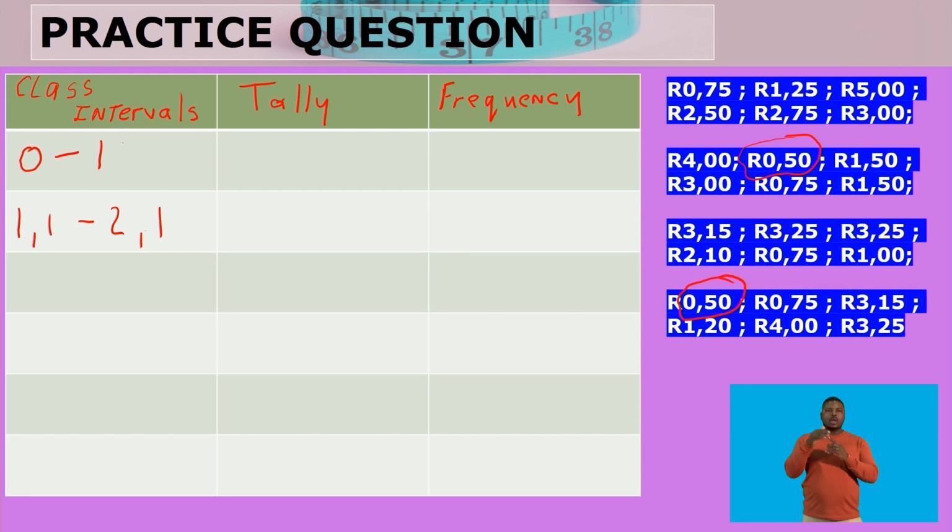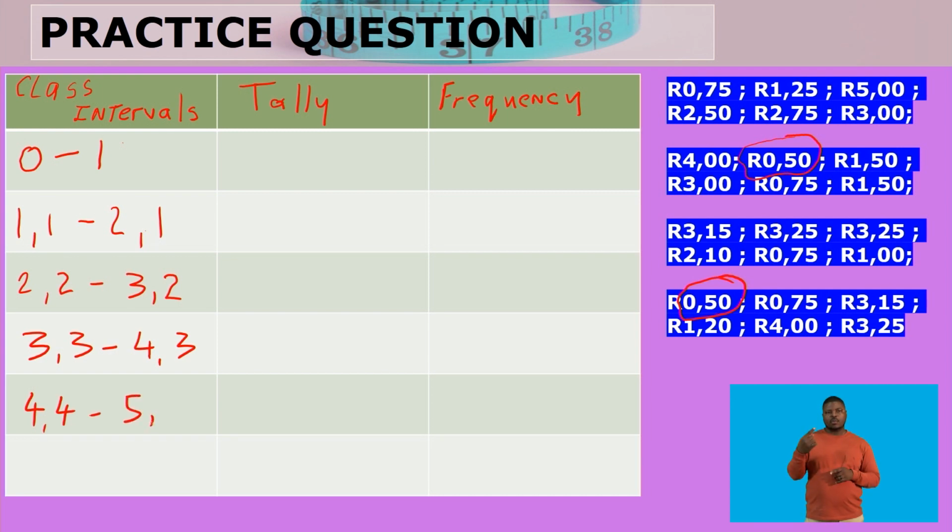Then 1,1 to 2,1, then 2,2 to 3,2, which takes in the bigger values, 3,3 to 4,3, and lastly 4,4 to 5,4.